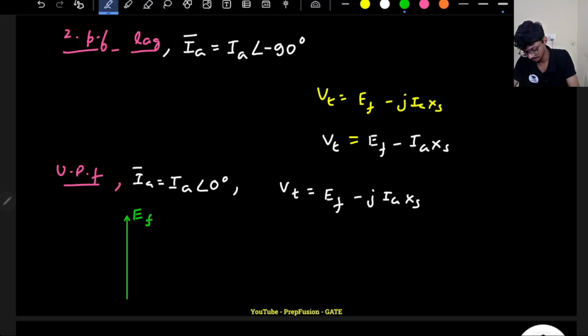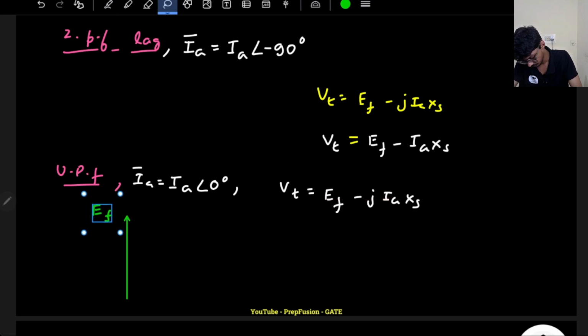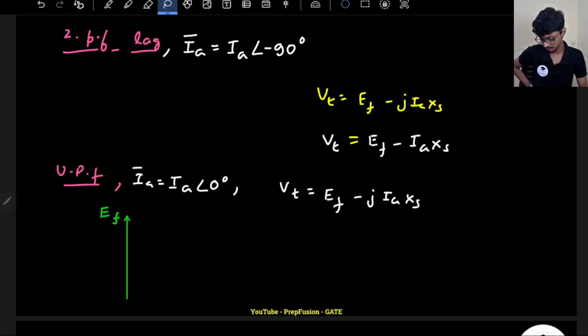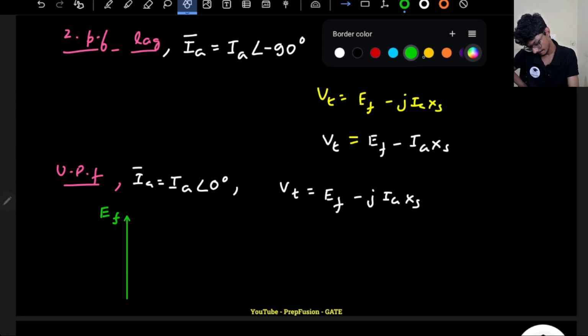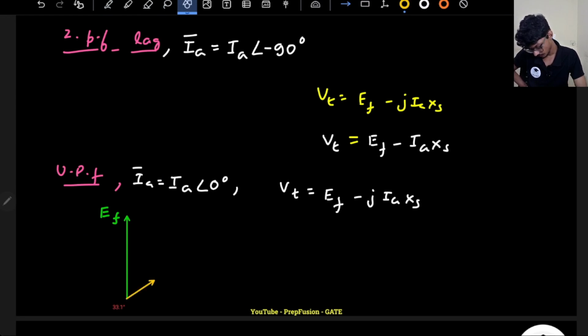Now, what else can I do? Let us assume that IA is here. So if IA is here, so will be my VT, because IA and VT are in the same phase.